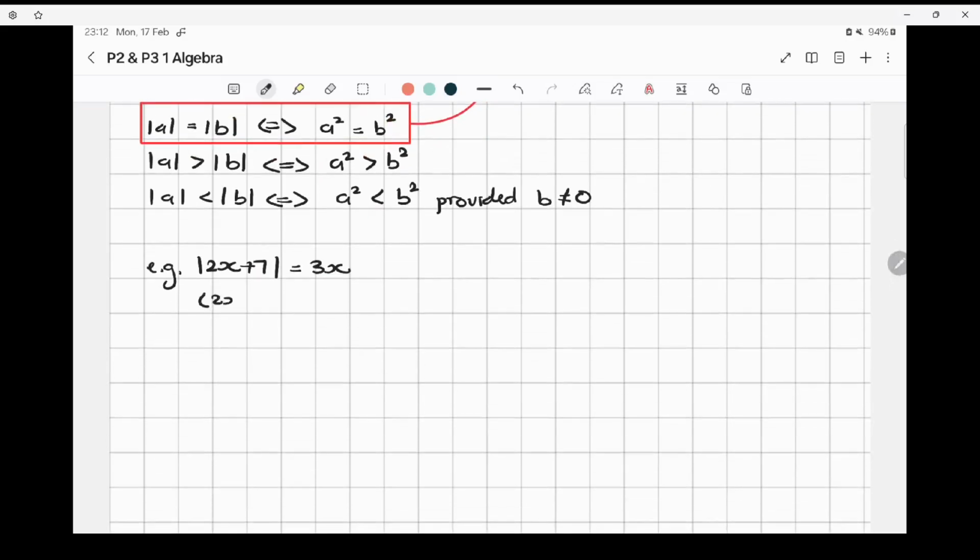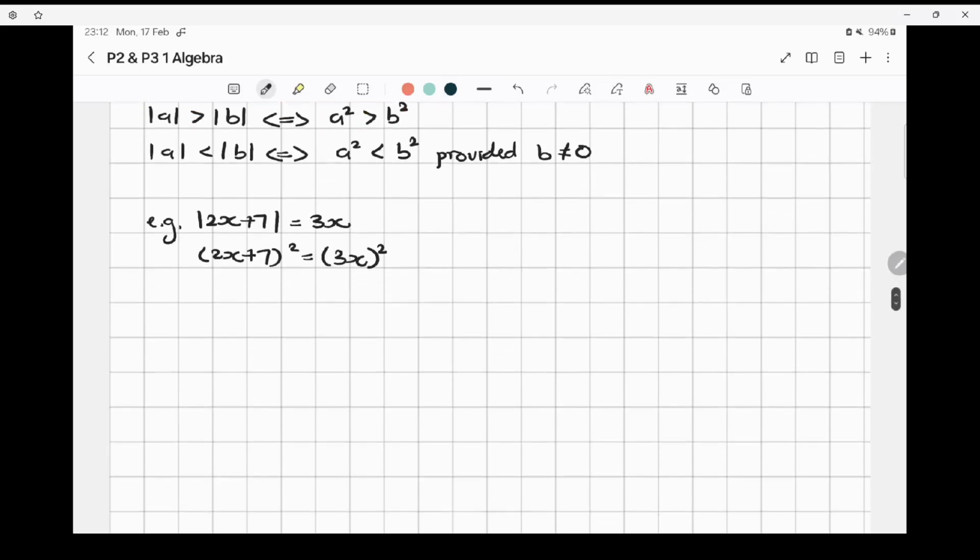So (2x plus 7) squared equals (3x) squared, and then you solve the equation. The left side gives 4x squared plus 28x plus 49 equals 9x squared. Then you simplify the equation and get 5x squared minus 28x minus 49 equals 0.